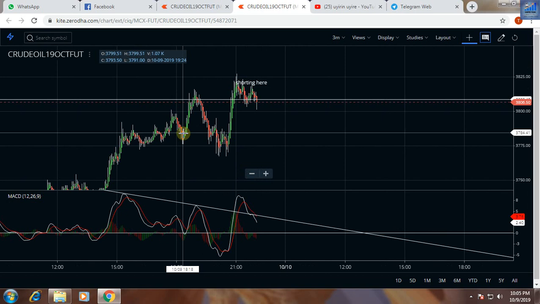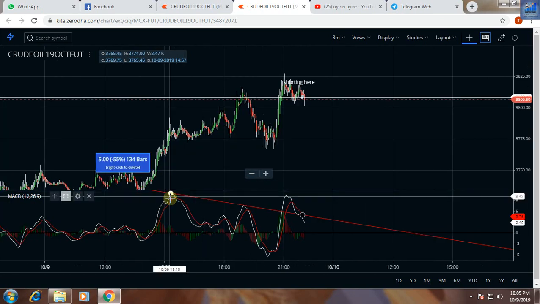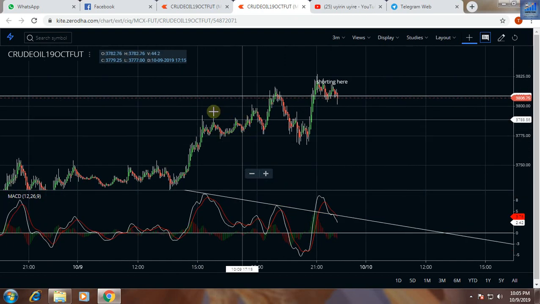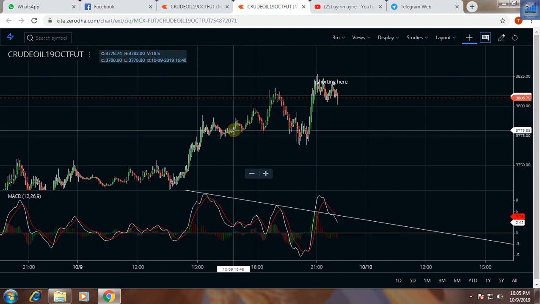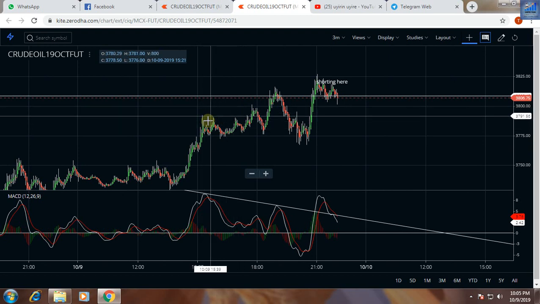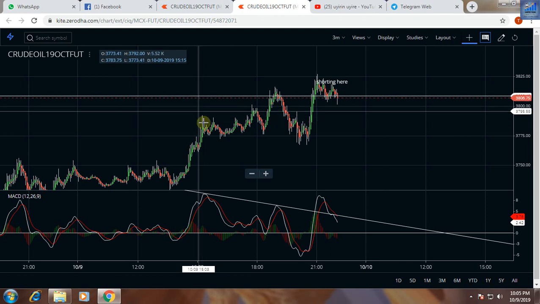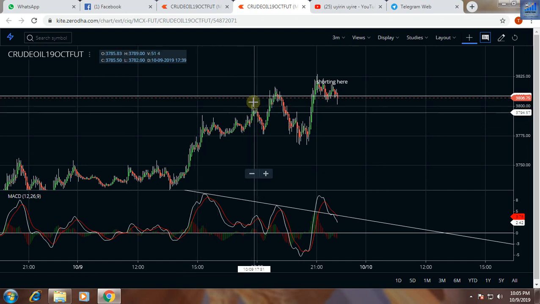And another thing I want to say is, as we can see here, one bearish divergence occurred. See here. Here the crude oil price has attained a high, and later see another high was made at this particular level.